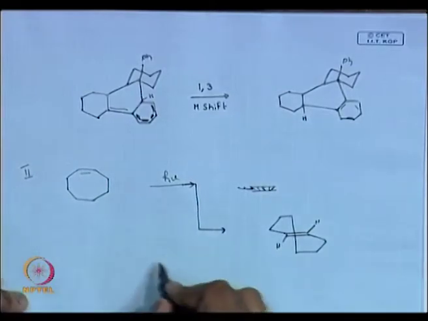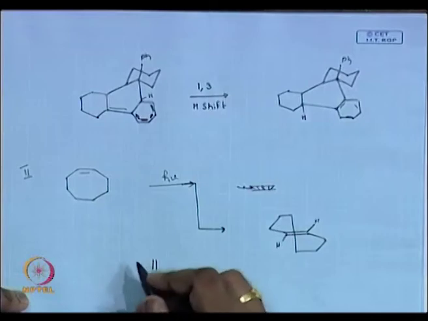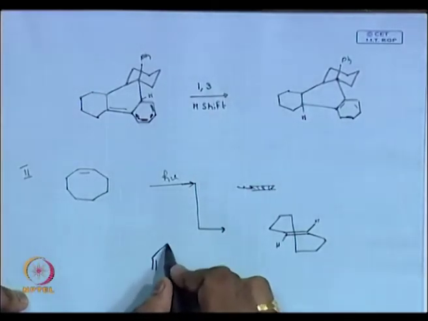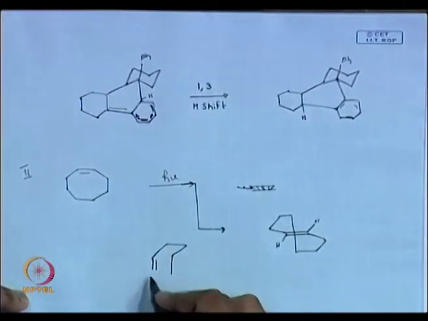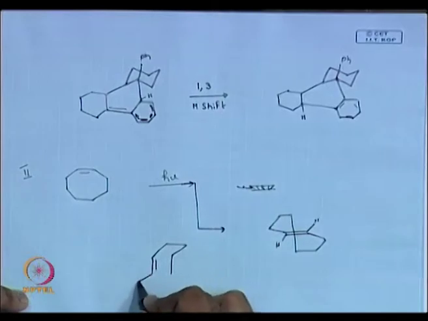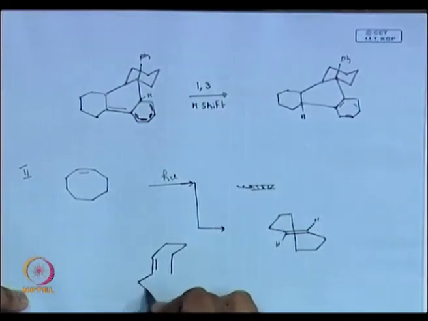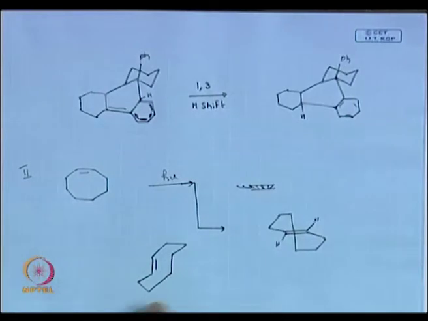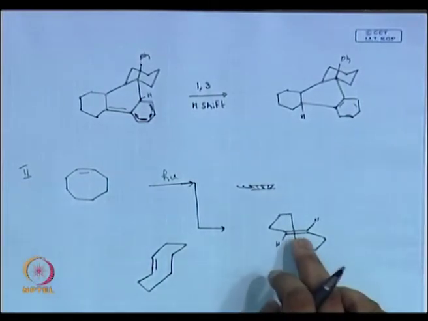Some people even try to write like this. If you want, you can think of it this way. This way also people write. But if you can keep your double bond, most of the time it will be helpful for you in many structures.